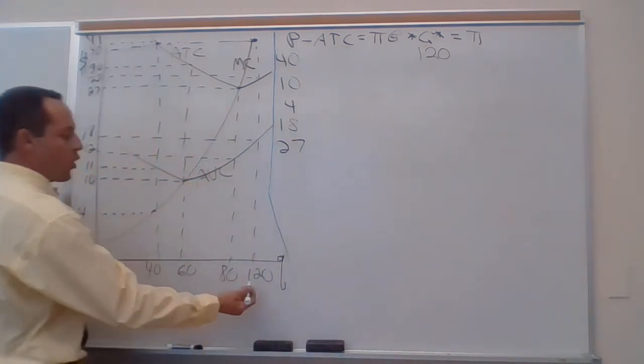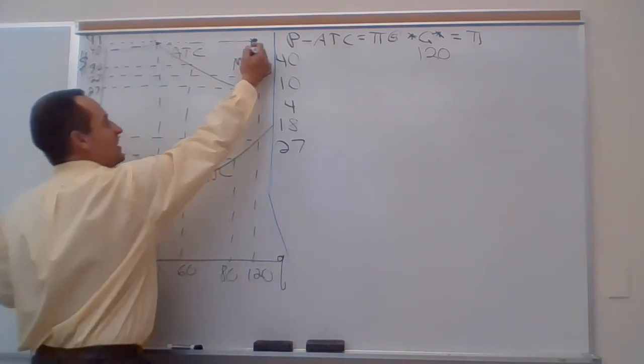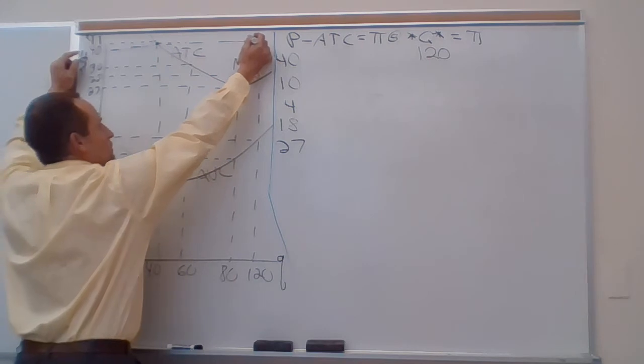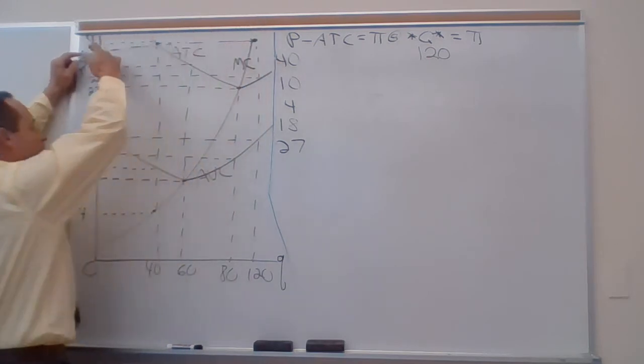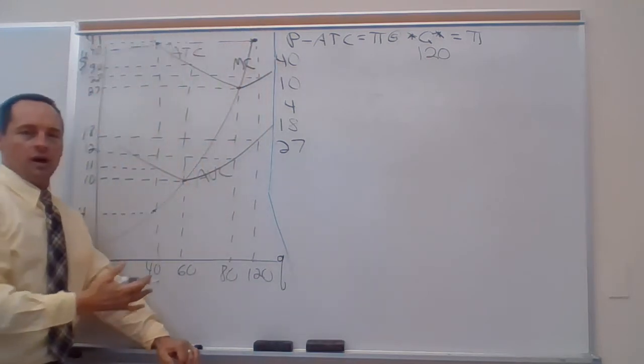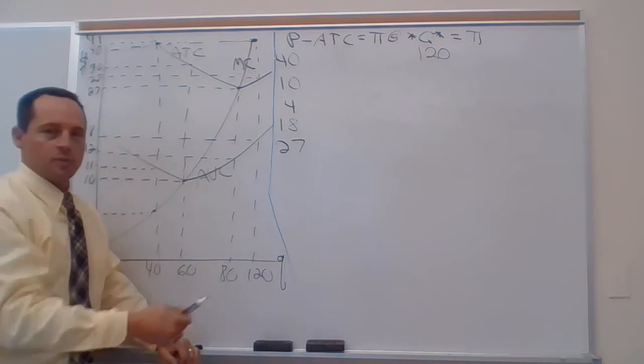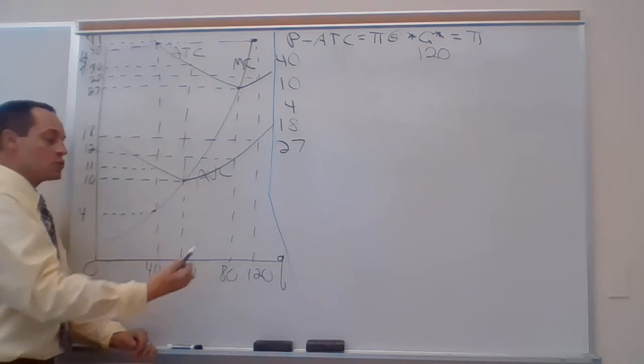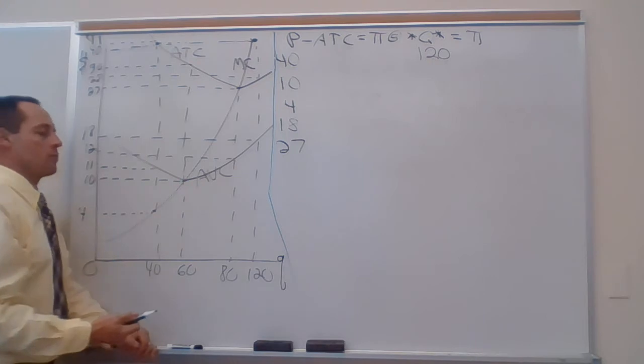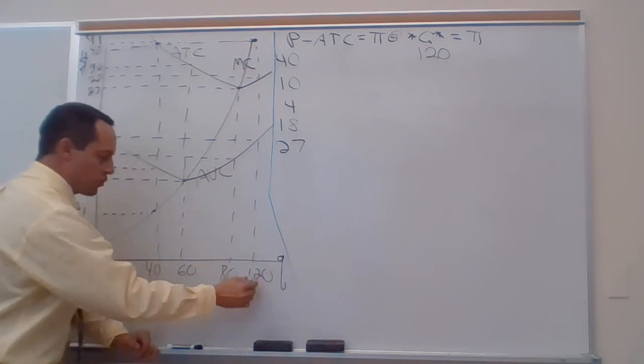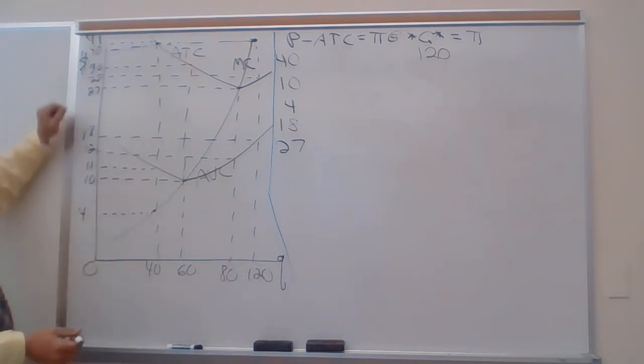If we were to go beyond 120 units, this marginal cost would be 41, 42, 43, something greater than 40. So the 121st unit or units beyond that would be loser units. They would take away from this operation. So the 120th unit is the last unit that we can justify, where marginal revenue equals marginal cost.